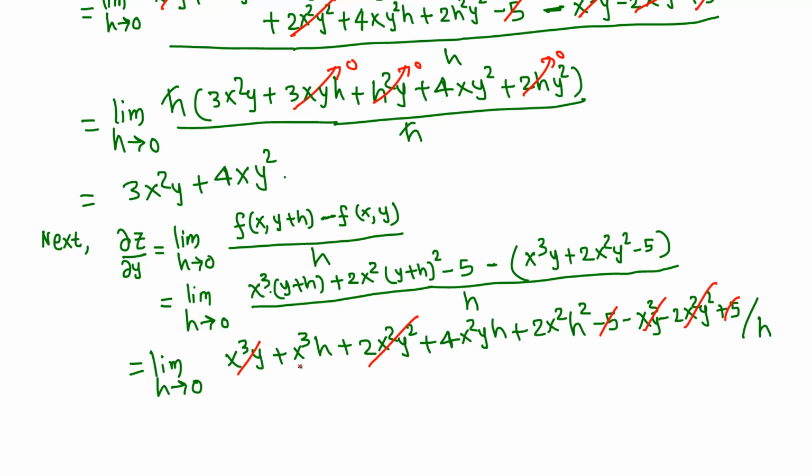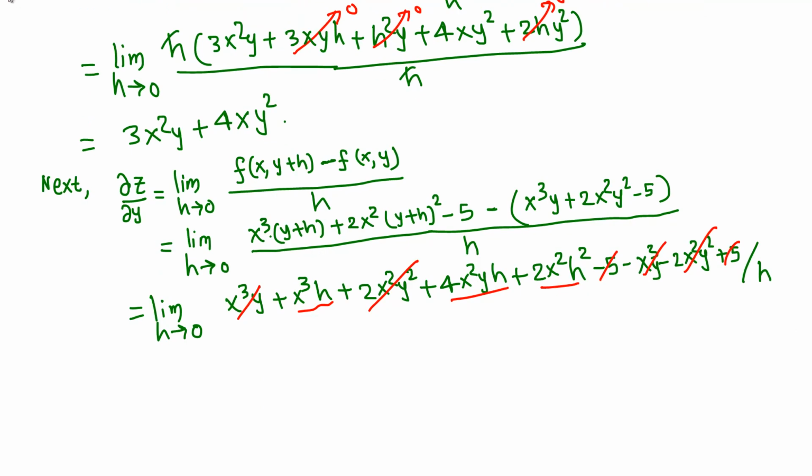Now from these terms, here is 1, 2, 3, we can factor h out and cancel with h on the bottom. So that is limit h goes to 0. So h out just leaves x cubed plus h out 4x squared y plus h out 2x squared h, and that factor h cancels with the bottom h.